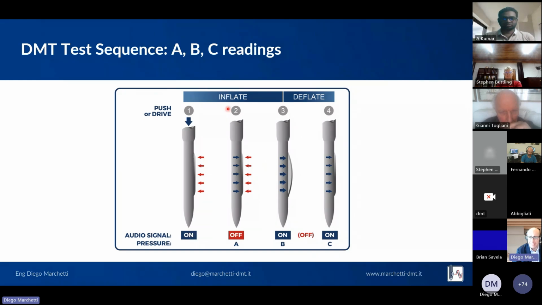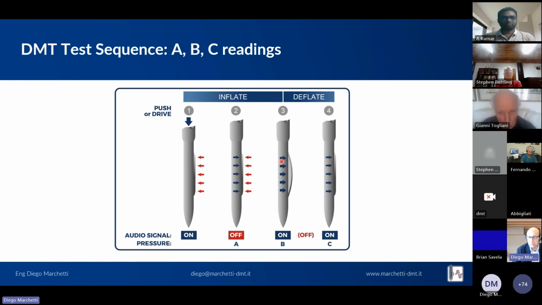When the operator inflates, we will build the pressure from the inside of the membrane, represented by the blue arrows. When the pressure of the gas is in equilibrium with the total pressure of the soil in the horizontal direction, the membrane will lift off, the contact will go off, and the A reading is taken.